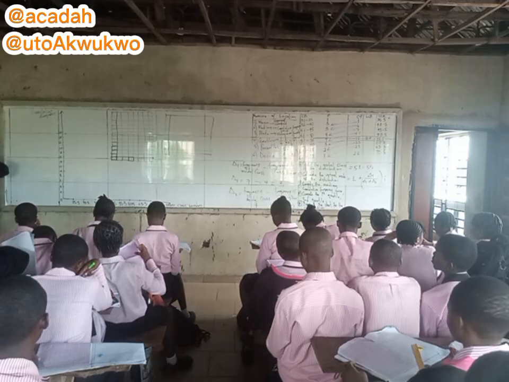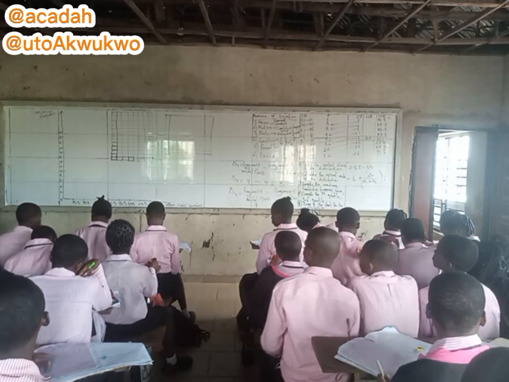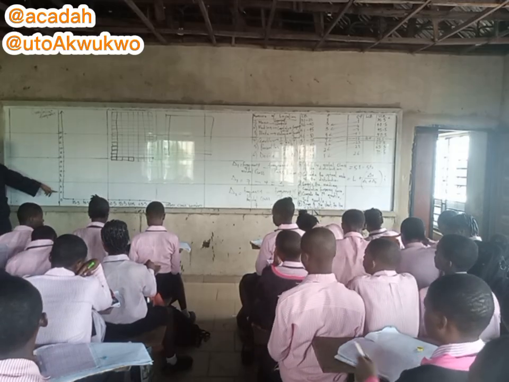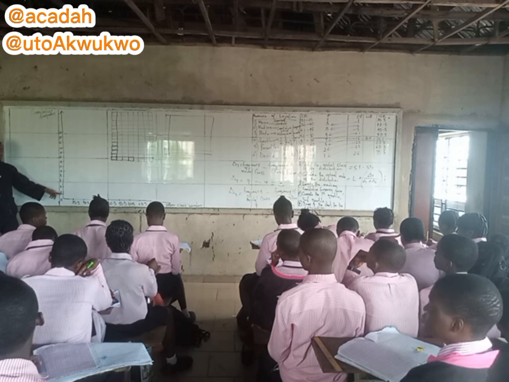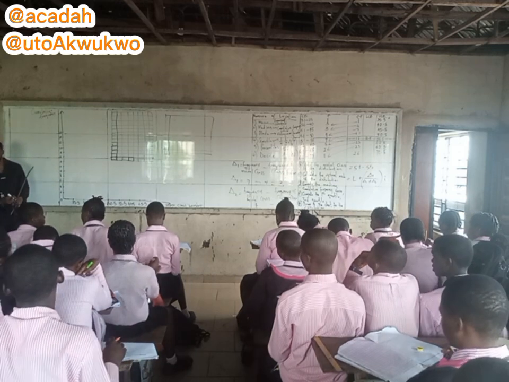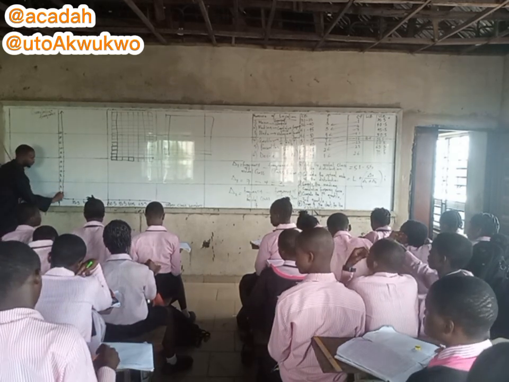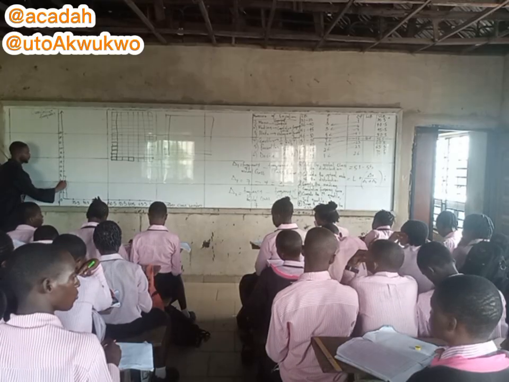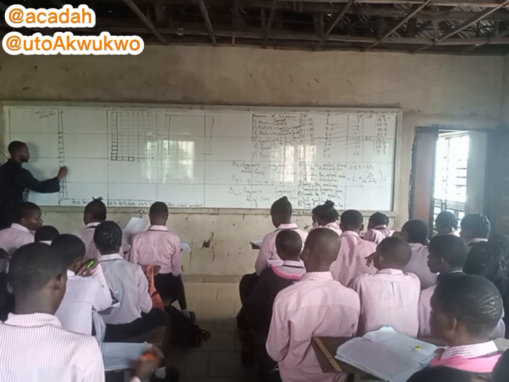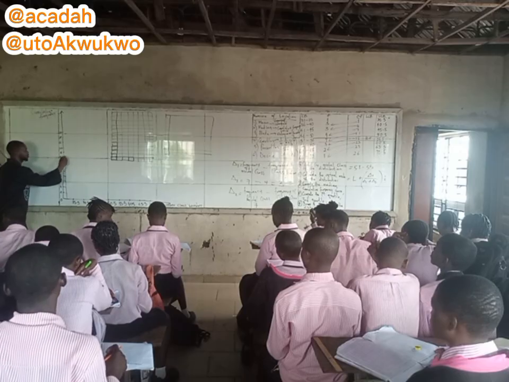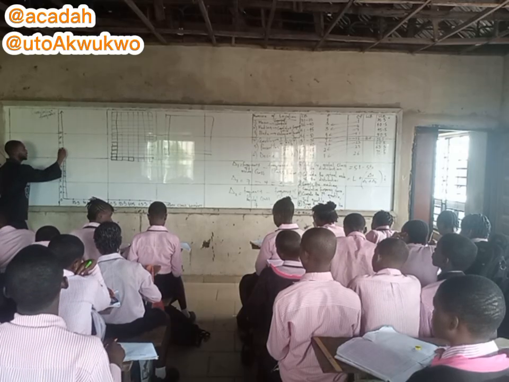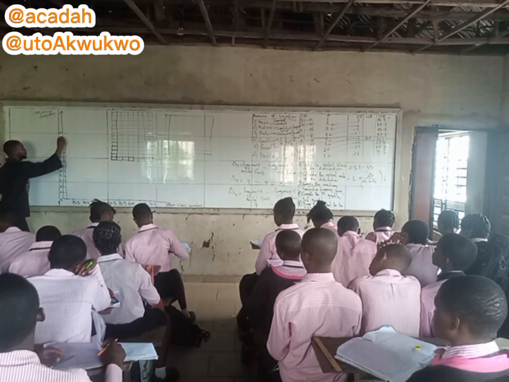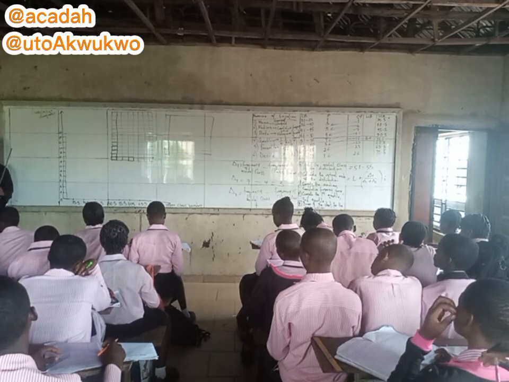Now that you've noted that, what you have to do is to come here and count these points. Pay attention before you stand up. This is 1 box, 2 box, 3 box, 4 box, 5 box, 6 box, 7 box, 8, 9, 10, 11, 12. There you see.